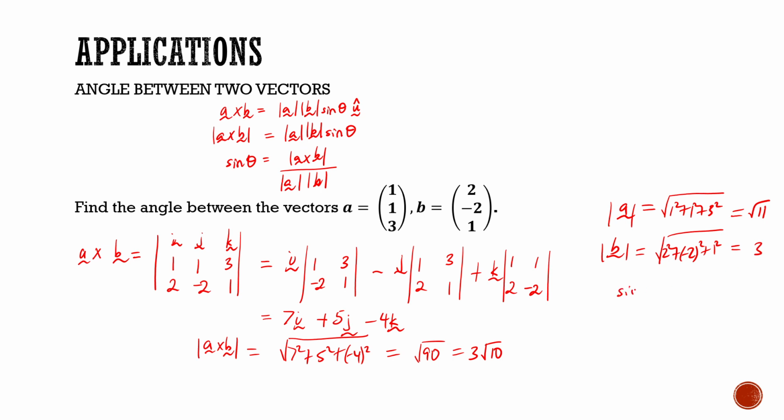And so sine theta is going to be 3 root 10 divided by 3 root 11, which is root 10 over root 11, or just the square root of 10 over 11. And so you can get theta from the arc sine of that. And this should give you the exact same answer as when you use the dot product.